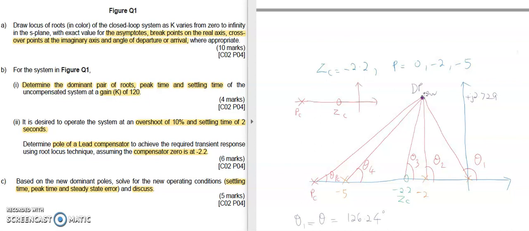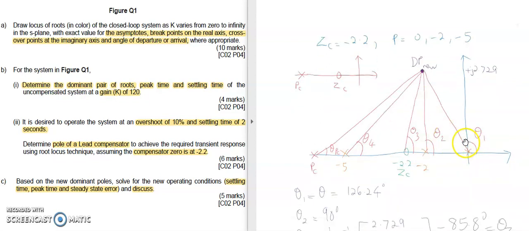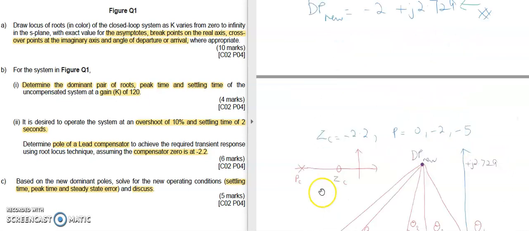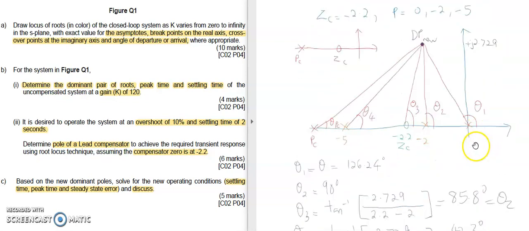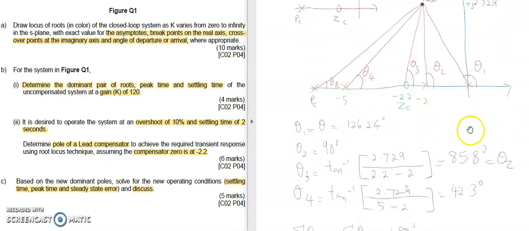Okay, now what you have to do is determine all the angles. This theta 1 is actually equal to the theta that you have calculated from the value of the damping ratio, because it is at the origin. Theta 2, this is the value of theta 2, 90.